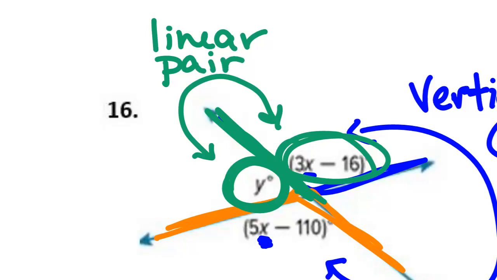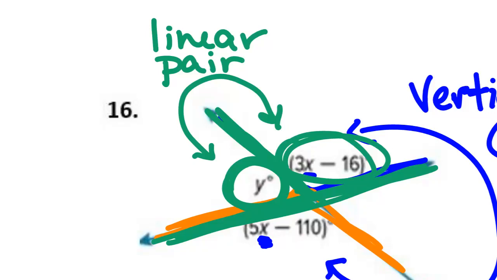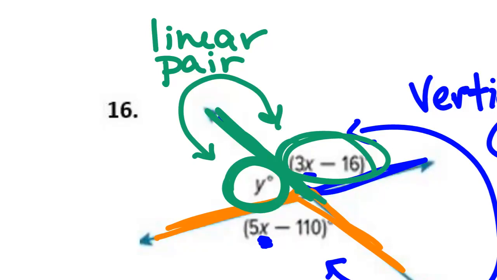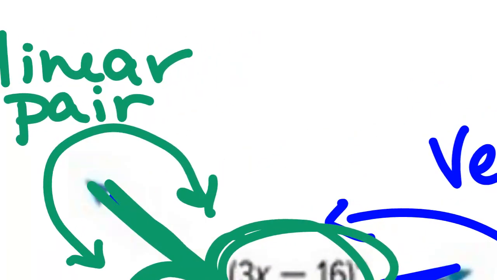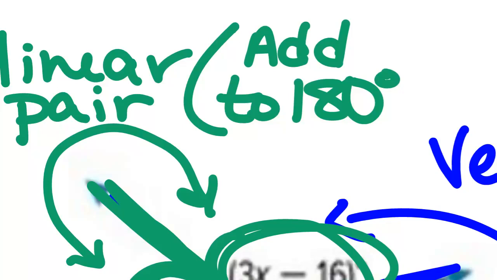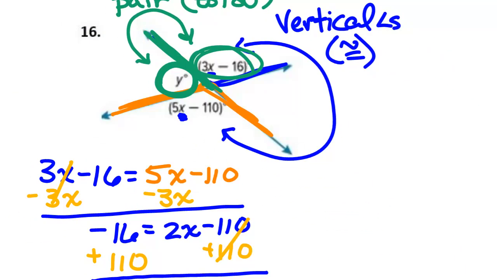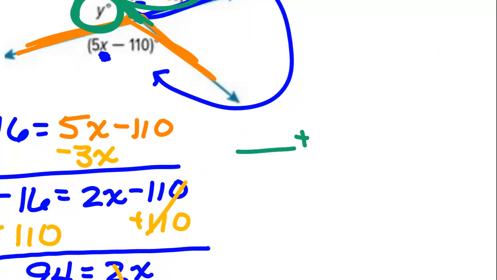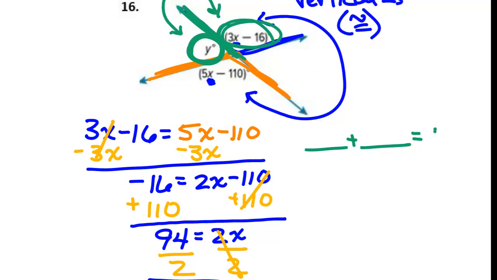They are adjacent angles, and their non-touching sides make a straight line. So whenever I have an x, the adjacent angles will be a linear pair. And linear pair angles add to 180 degrees. They are supplementary, so two things that add to 180.